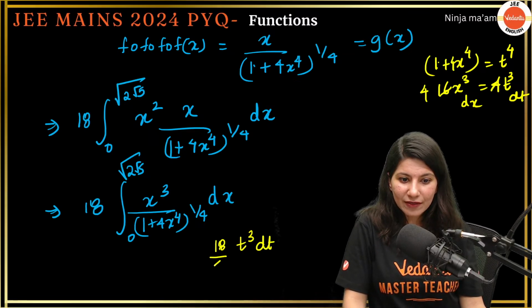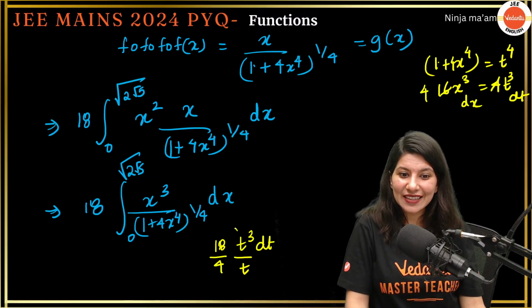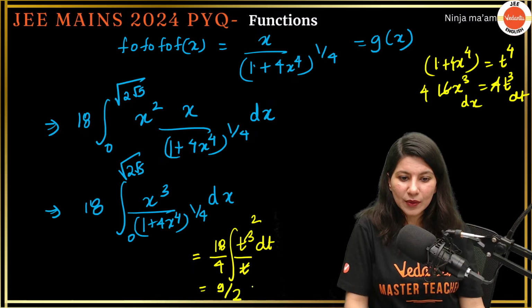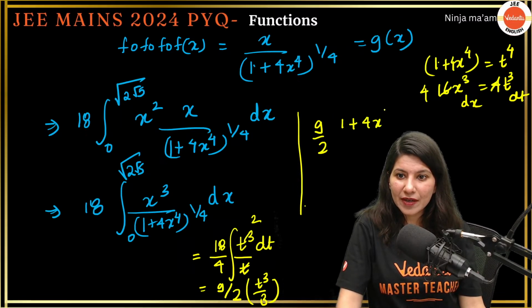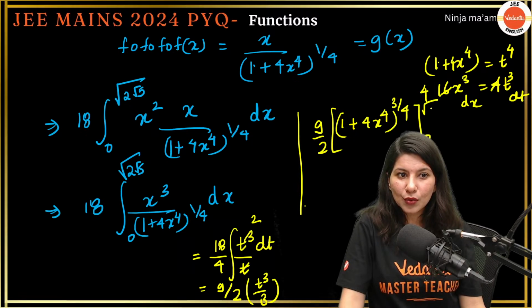So 18 by 4, and this is going to become just t, right? Integration. So t times t square, this is going to become 9 by 2, and integration of t cube will be t to the power 4 by 3. Now 9 by 2 times t cube, where t cube will be replaced by (1 plus 4x to the power 4) to the power 3 by 4, and now you have to apply the limits 0 to 2 root 5.